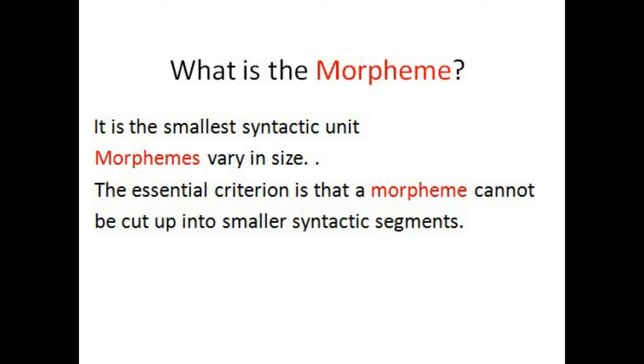It means that the syllables and the length will not help us in order to identify the morphemes. But there is another essential criterion, that a morpheme cannot be cut up into smaller syntactic segments.